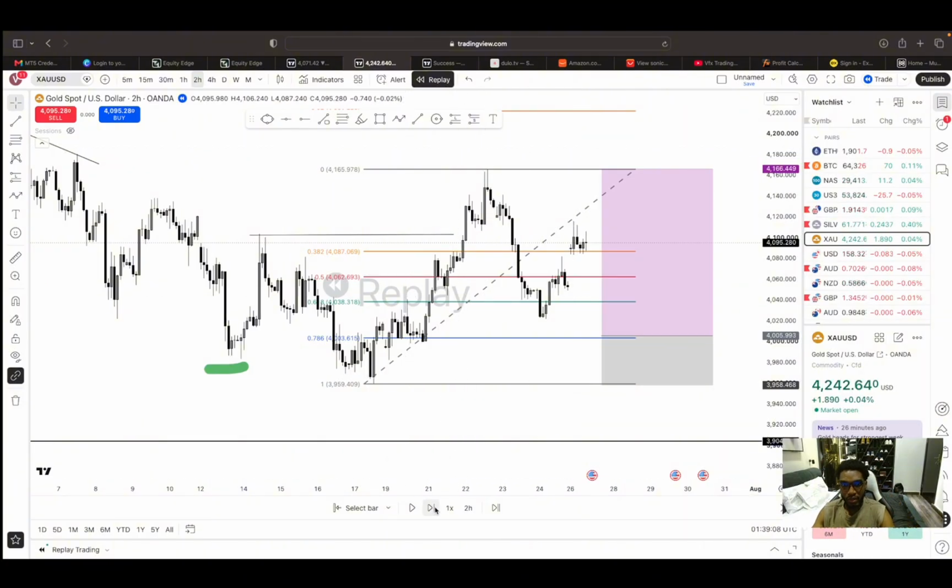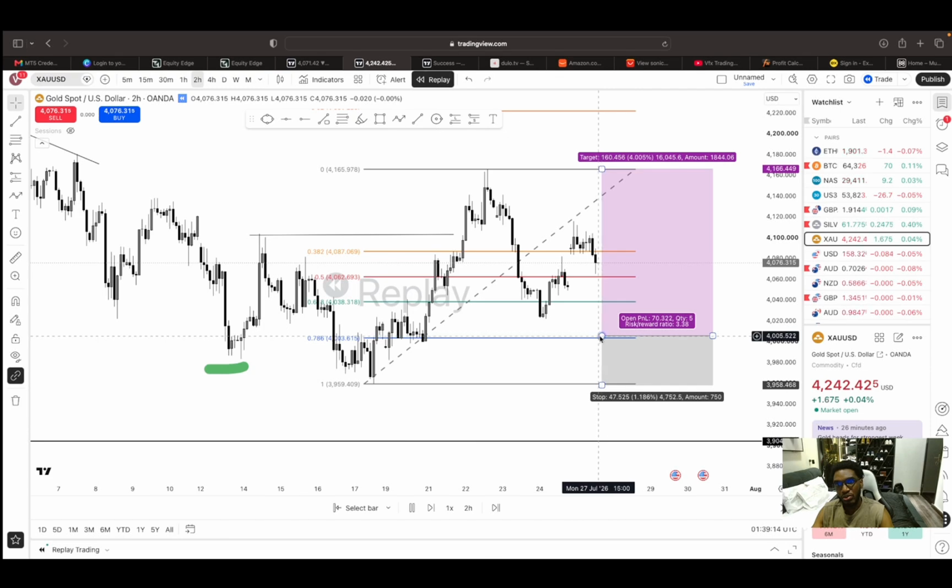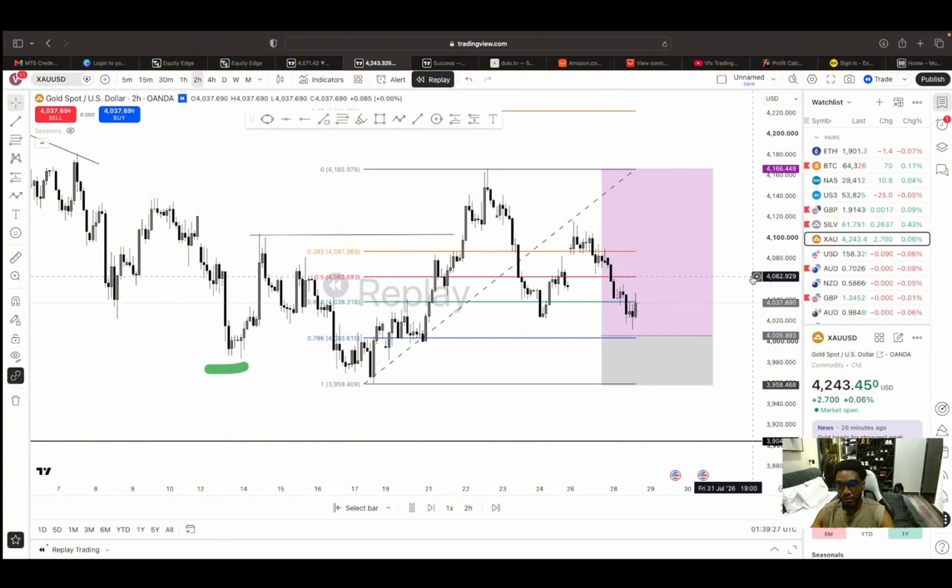And then we just watch. So we are waiting for price to come to this blue line, which is our entry. The 0.786 level is our entry. So we need price to touch the blue line, and we are inside the trade.